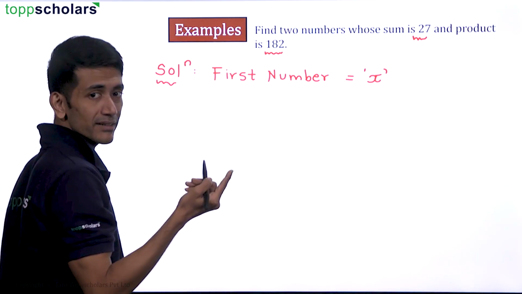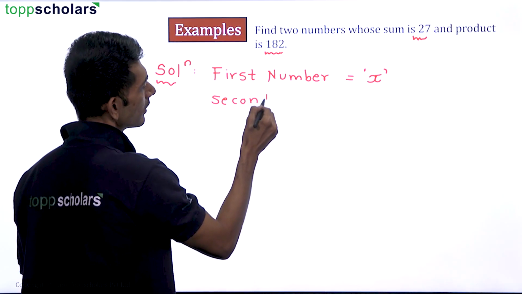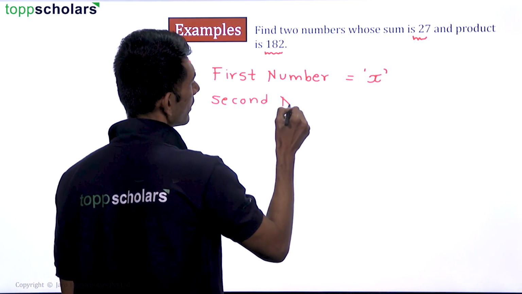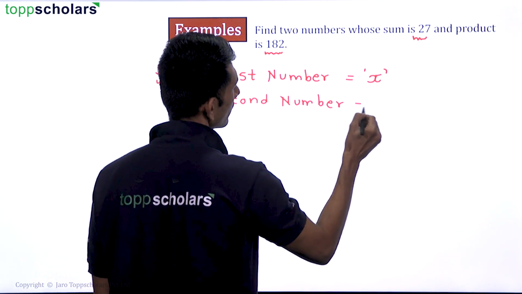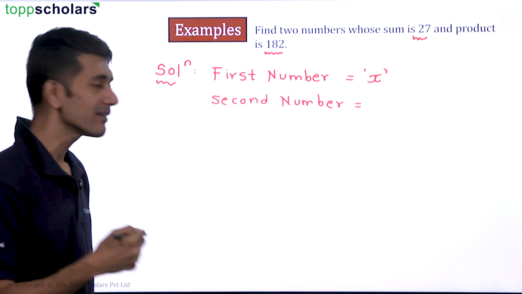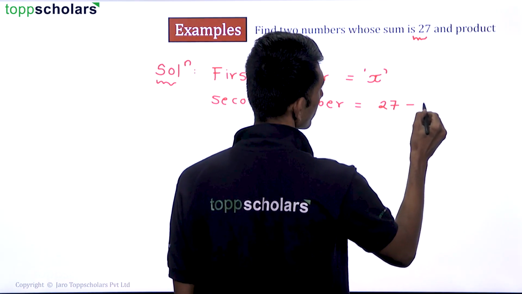And sum is 27, so can I say the second number will be 27 minus x.